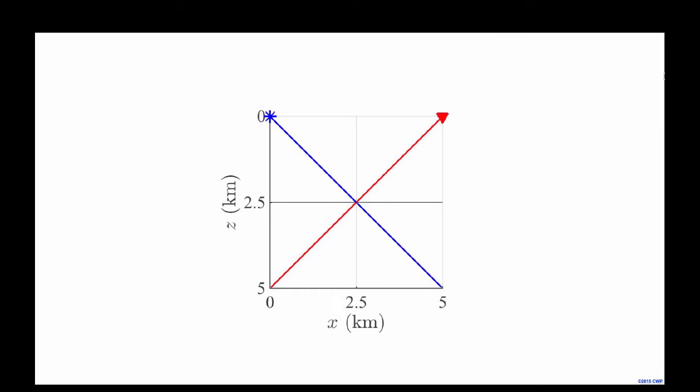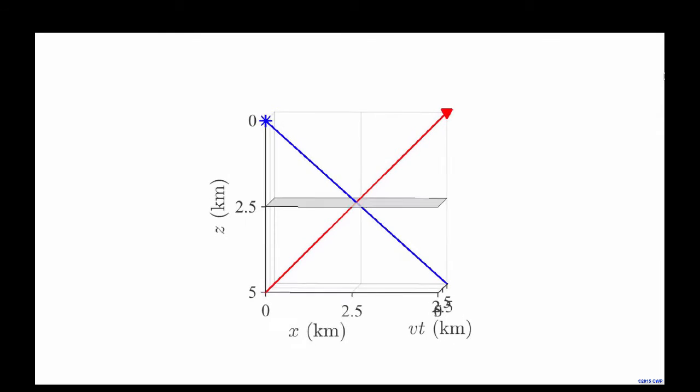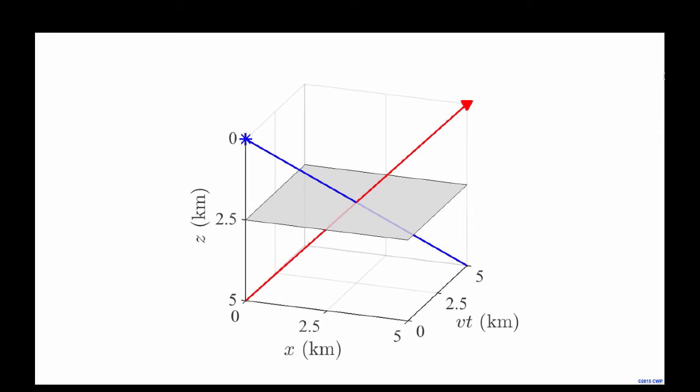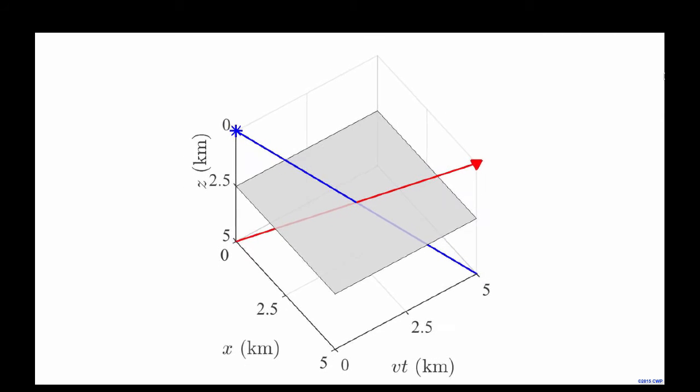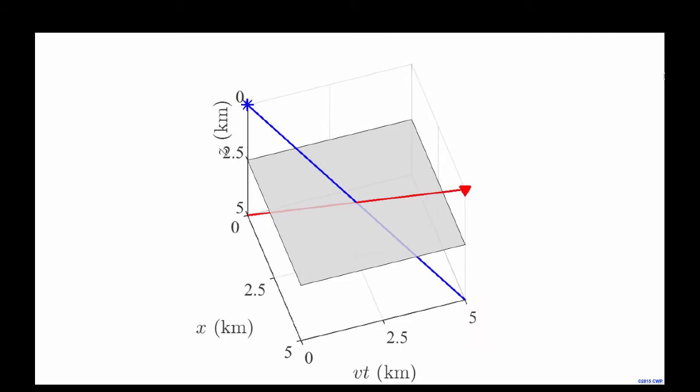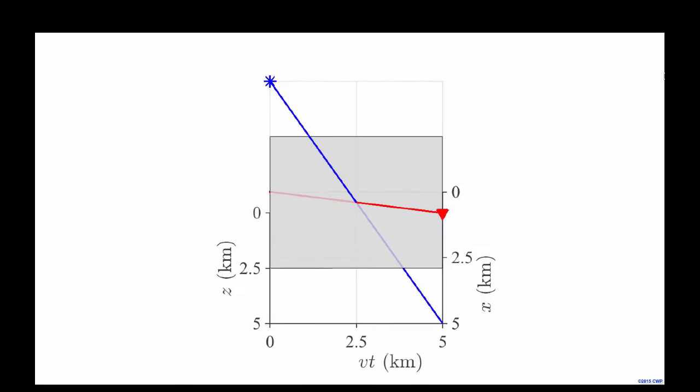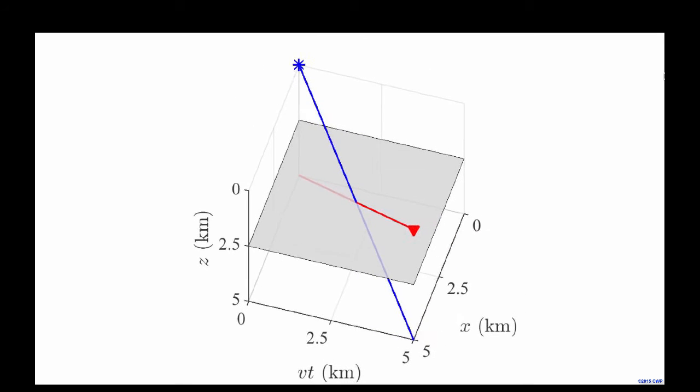Let me properly address here the wavefields, because as you all know, the wavefields are a function of space and time. So let me add here the time axis, which in this case is scaled by the velocity. So I'm making the units consistent in all axes. And later on I'll show why it is important that the time axis is scaled by the velocity.